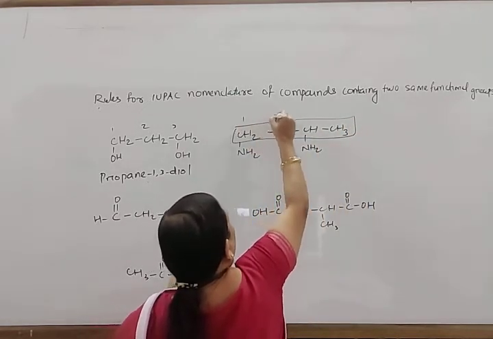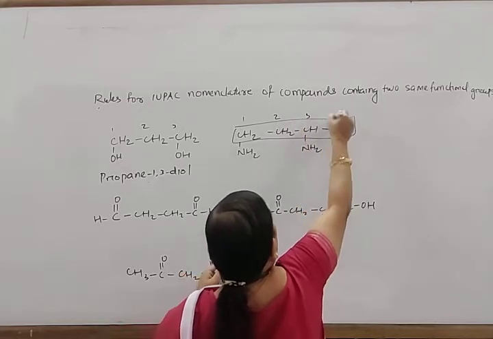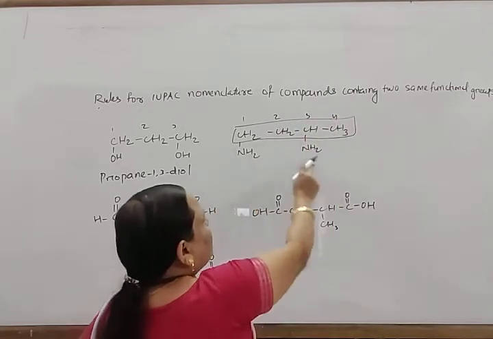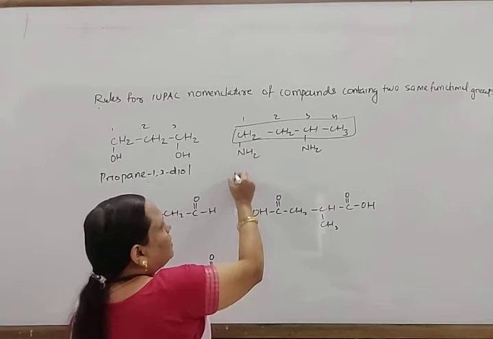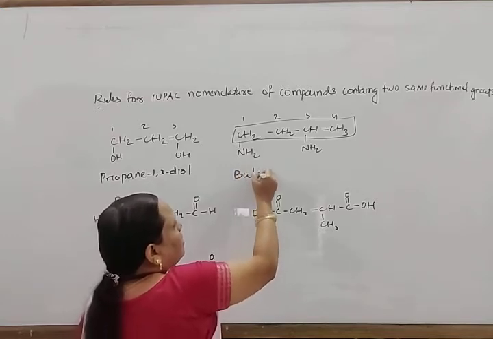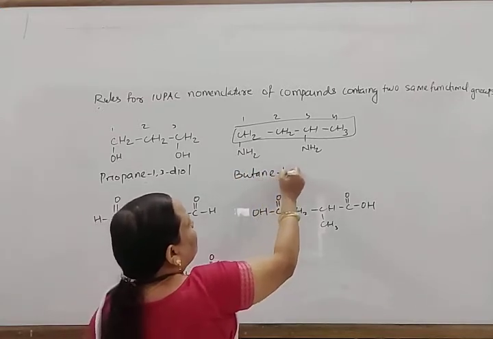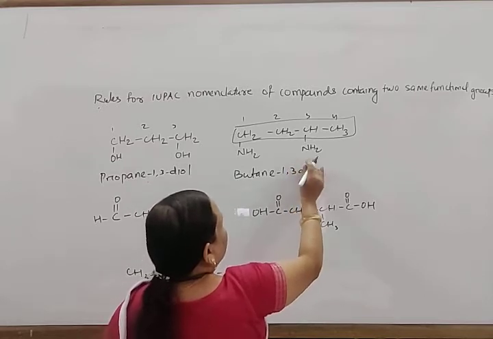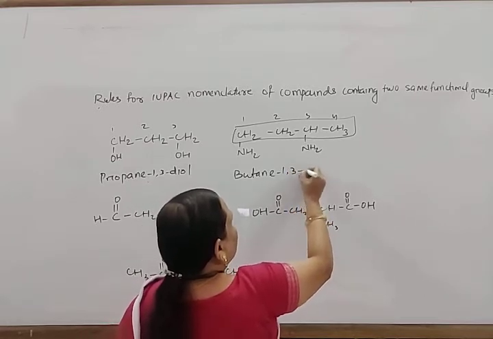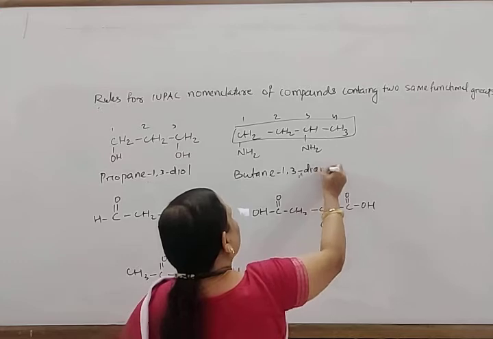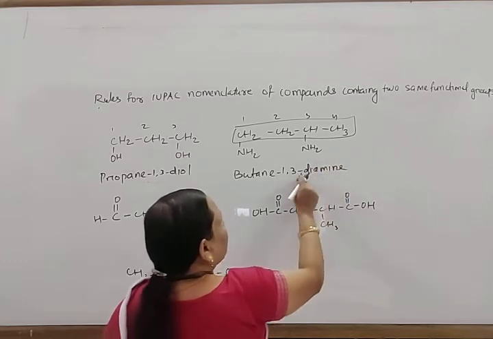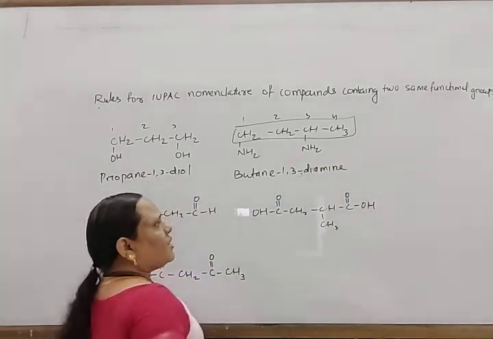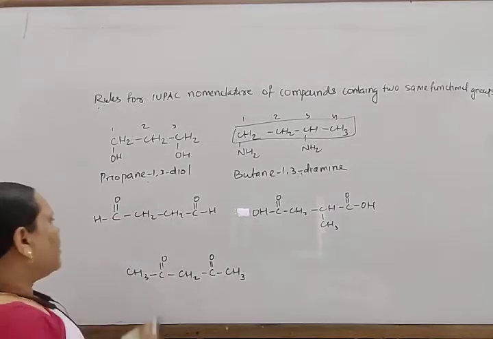And number 1, 2, 3, 4. In this way. So there are two amines there. So one group is butane, then 1,3-diamine. So before writing amine, di is used, butane-1,3-diamine.